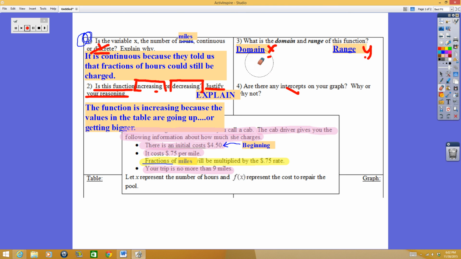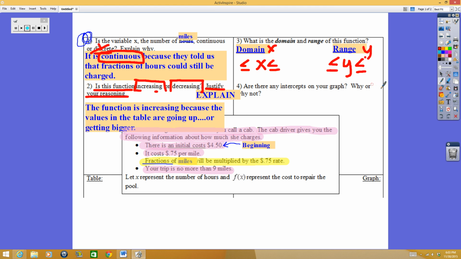The other thing we took notes on today is that if you're telling me it is continuous, you've got to set it up like this, right? Less than or equal to, less than or equal to, y less than or equal to, right? Okay.